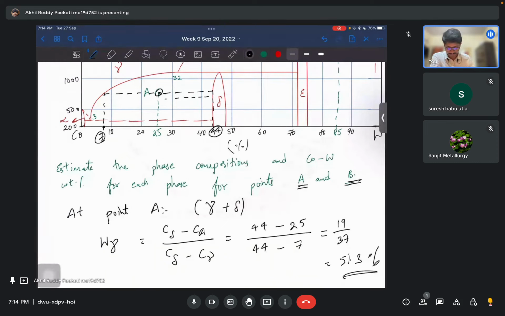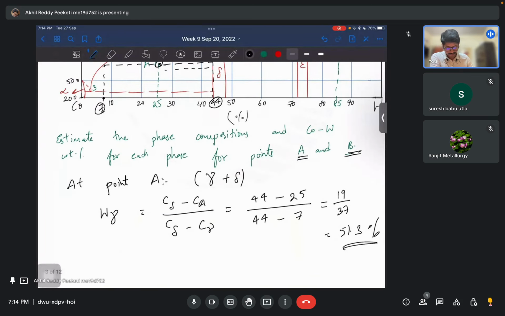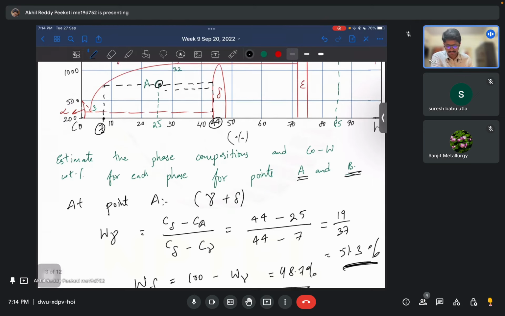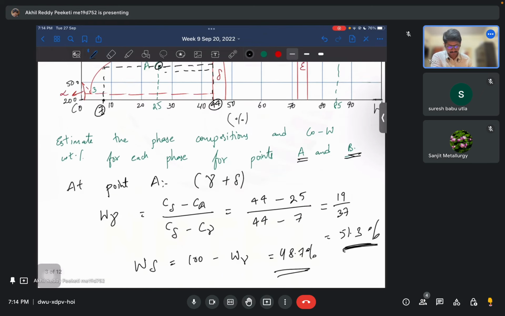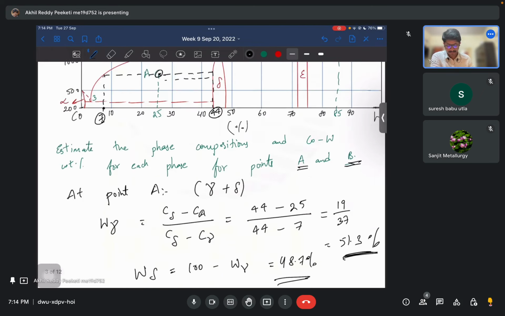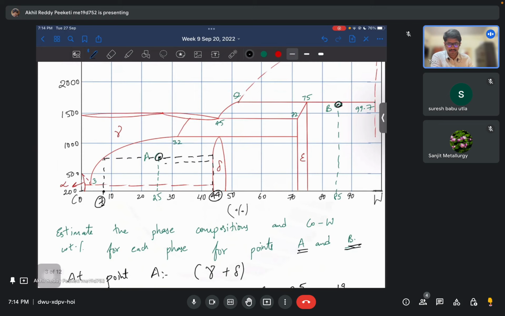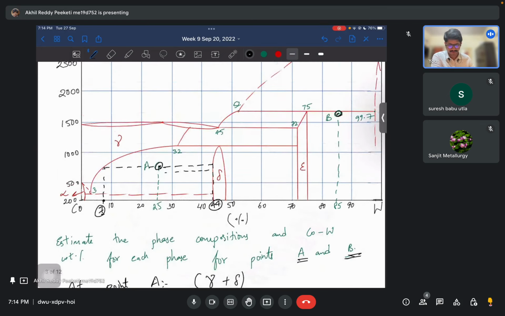So at point A, we have gamma phase of 51.3% and delta phase of 48.7%. Okay. So this is basically the lever rule, and this is how we can identify at each point the composition of the phases or the fraction of each phase.